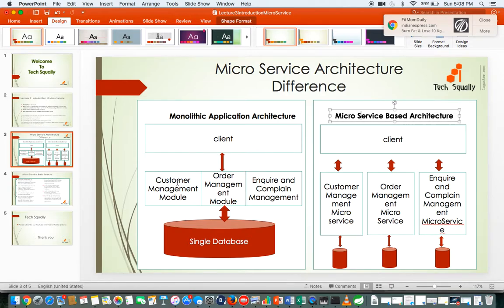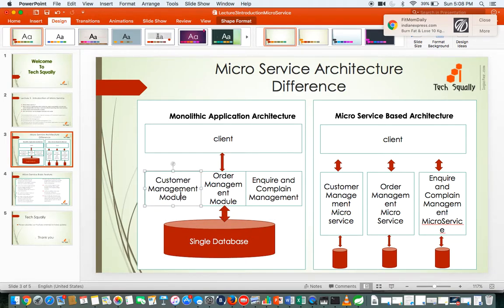So this is the e-commerce application example with the monolithic application architecture. In a monolithic application, each and every module, like customer management, order management, and inquiry and complaint management, is very tightly coupled, and every module uses a single database.